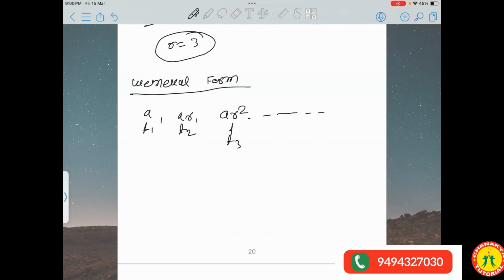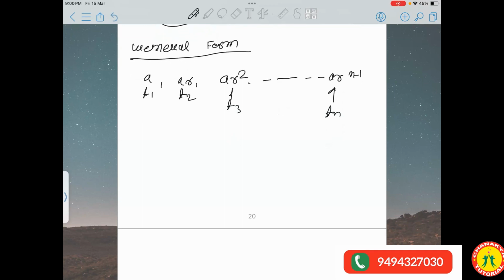If you want to find the Tn term, we can say AR power n minus 1. The Tn term is 1 less, R power n minus 1. So Tn is equal to A R power n minus 1. This is the Tn term. So we need to remember this formula.